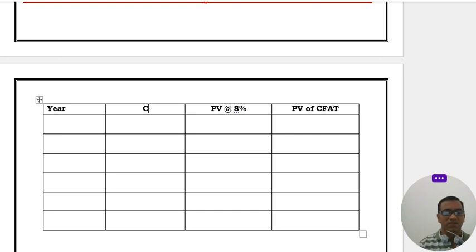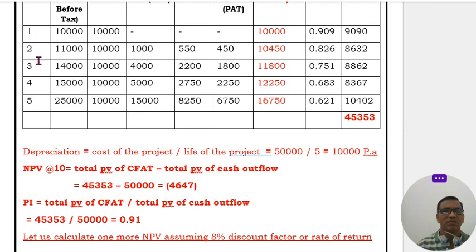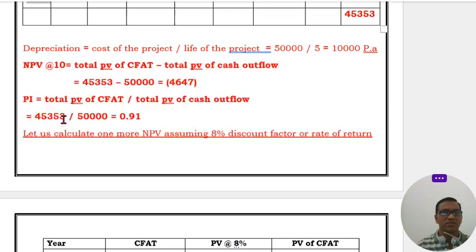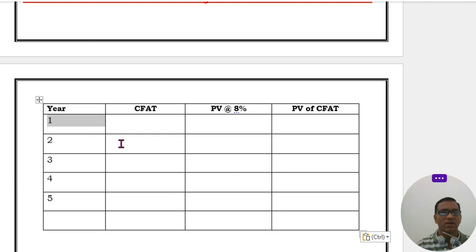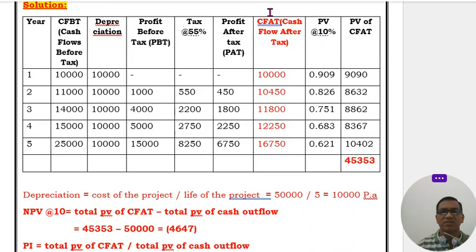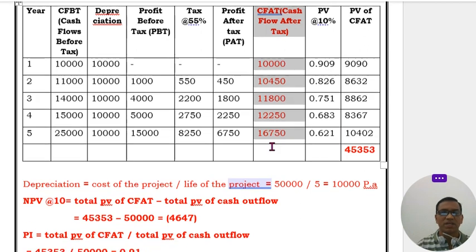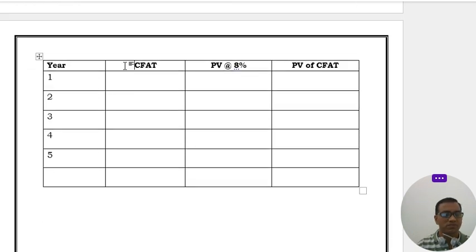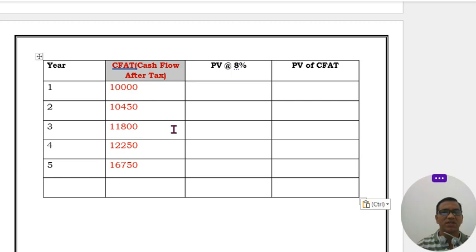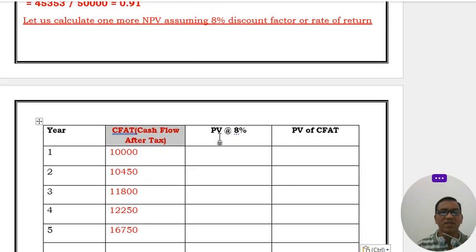And this is CFAT. So here I am taking the values for 5 years, copy paste. And CFAT, I already calculated CFAT here. This is the column I calculated. From here I am taking CFAT. I have CFAT and PV at the rate of 8%.